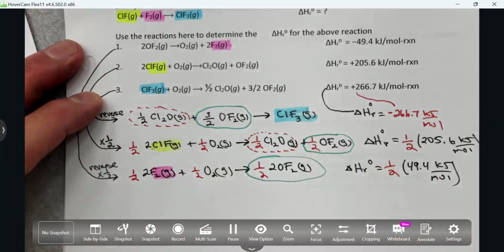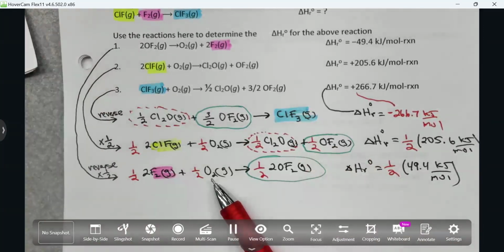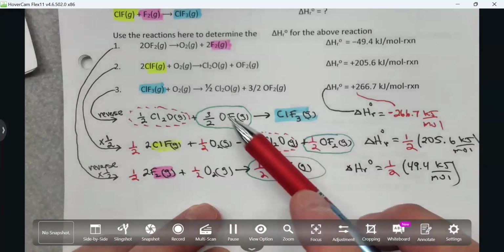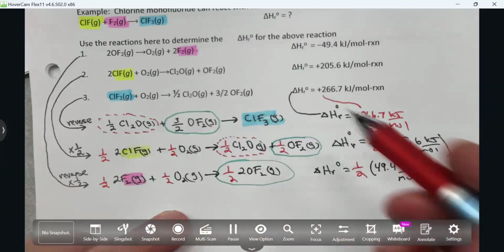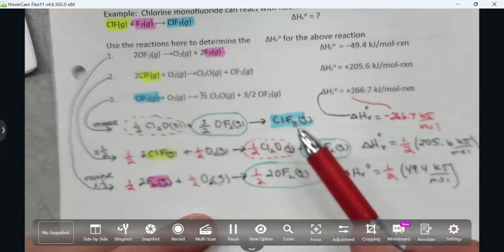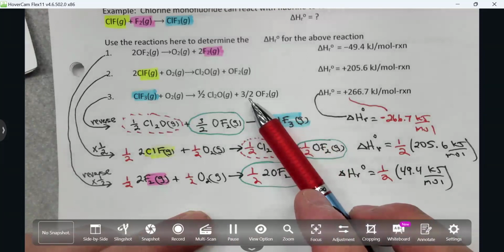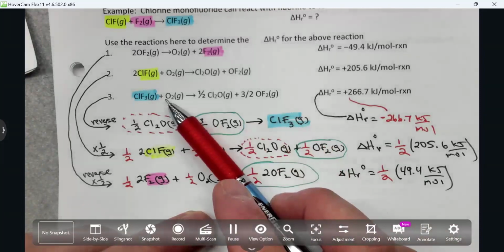And then what am I missing? Why is my O2 not canceling out? What did I screw up? I forgot O2 in the top equation. Oh, crap. Yes, I did. So when I reverse this, this O2 right here, I forgot.